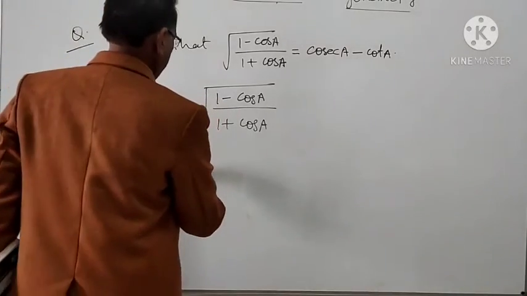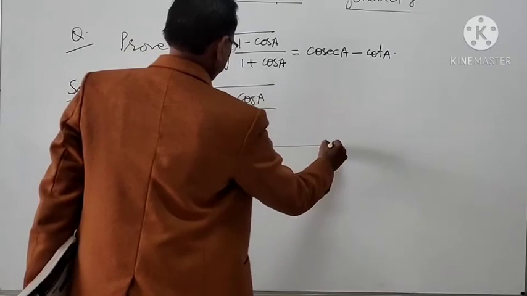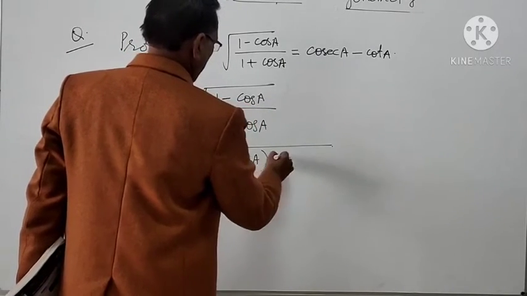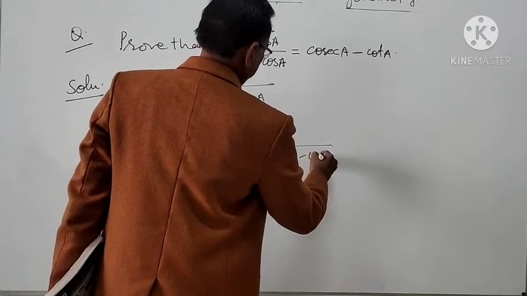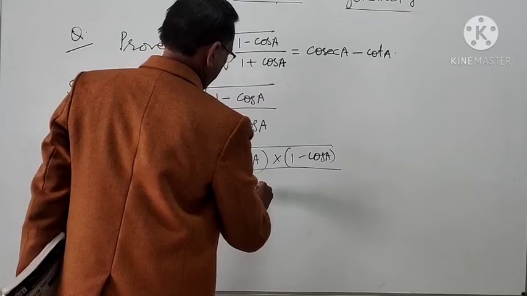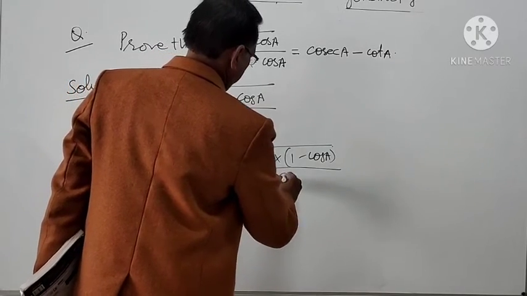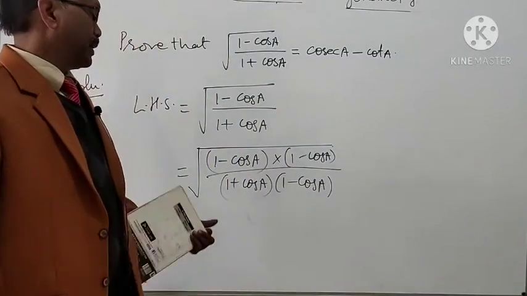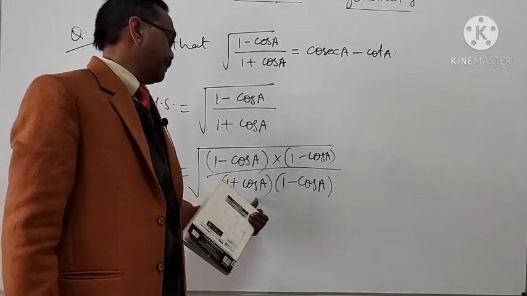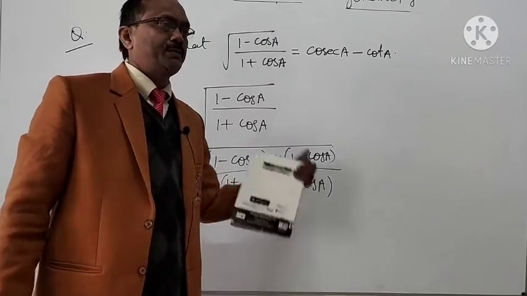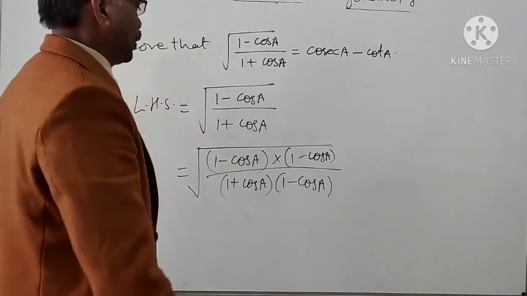So it is root of 1 minus cos A into 1 minus cos A upon 1 plus cos A into 1 minus cos A. In the denominator, make the formula A plus B into A minus B, it is A square minus B square. And the numerator is a whole square.